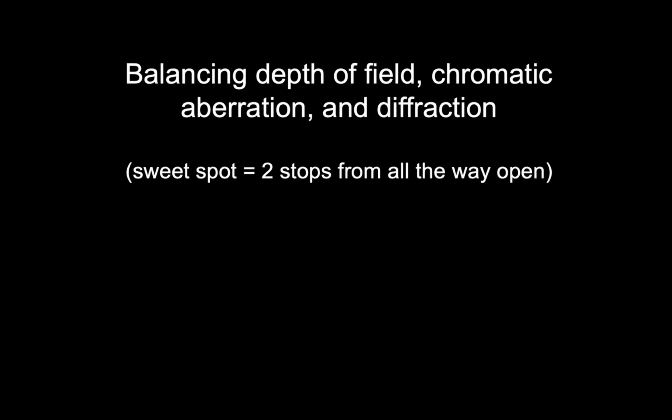But traditionally, the sweet spot for any lens is 2 stops from all the way open. That's where you're not going to have a cheap lens having diffraction caused by the irregular circle, and you're not going to get as many chromatic aberration problems. So 2 stops from all the way open on a main lens is usually the sweet spot.